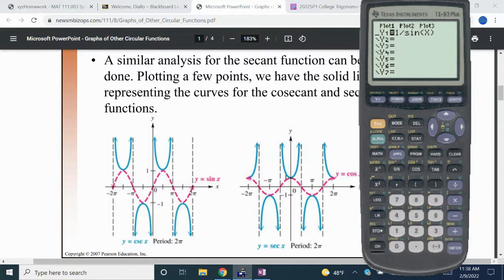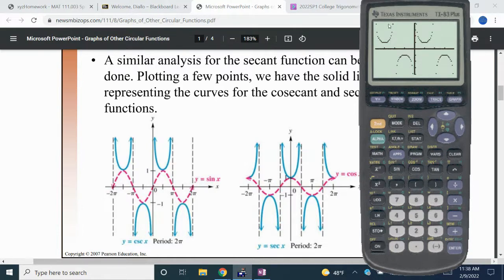And notice I get these dots. Now if I regraph, I don't see those vertical lines in my calculator. So that's the very first thing.